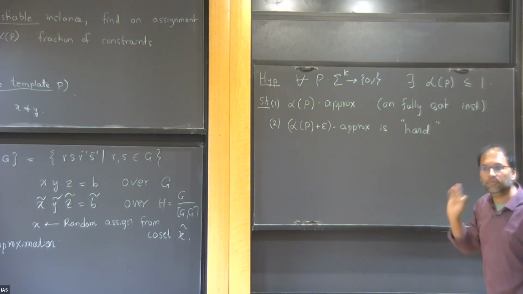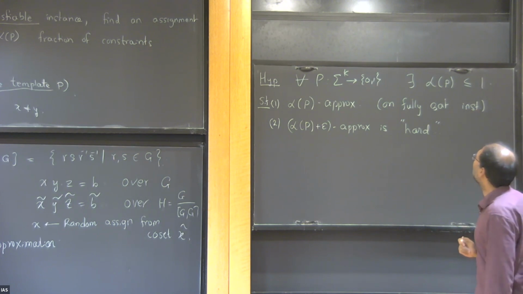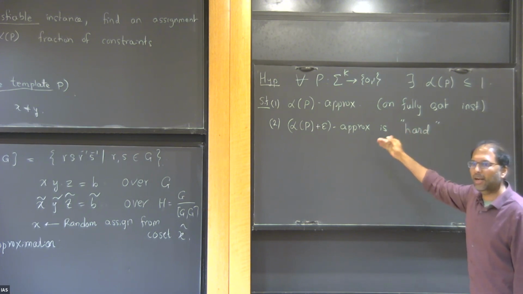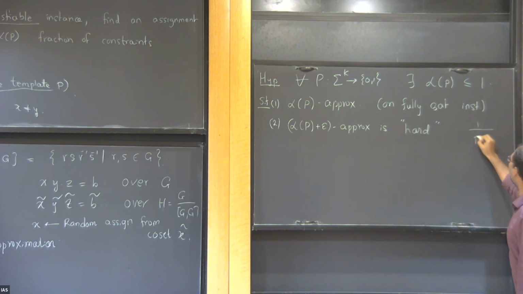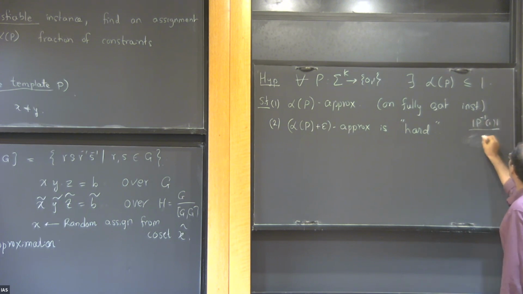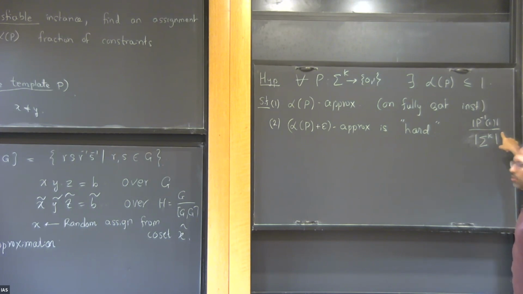Do you allow the trivial value 0 or not? The 0 is not meaningful, because if you just take a random assignment, random assignment will always do the fraction of satisfying assignments relative to the total number of assignments to the predicate, size of sigma to the k.